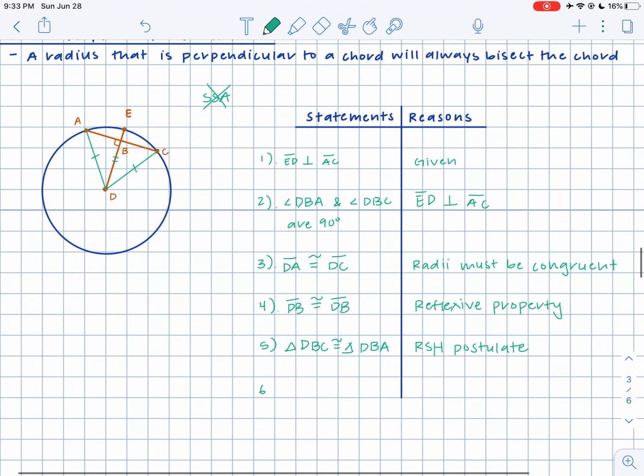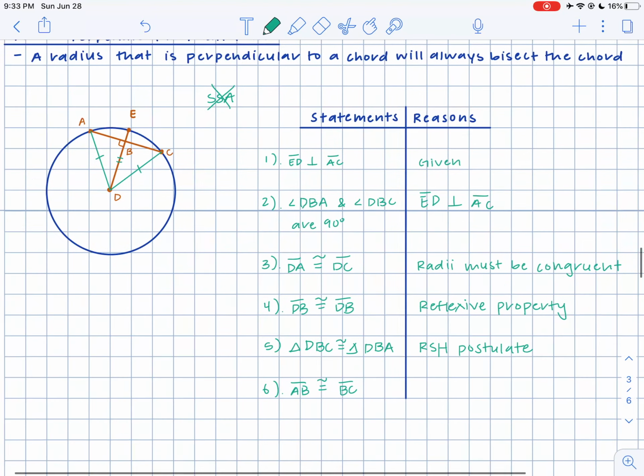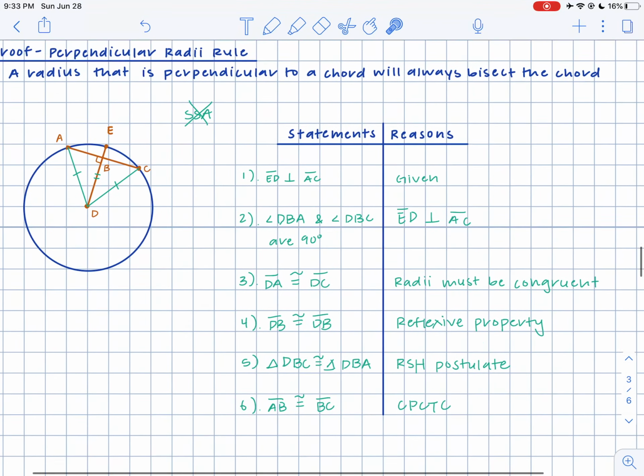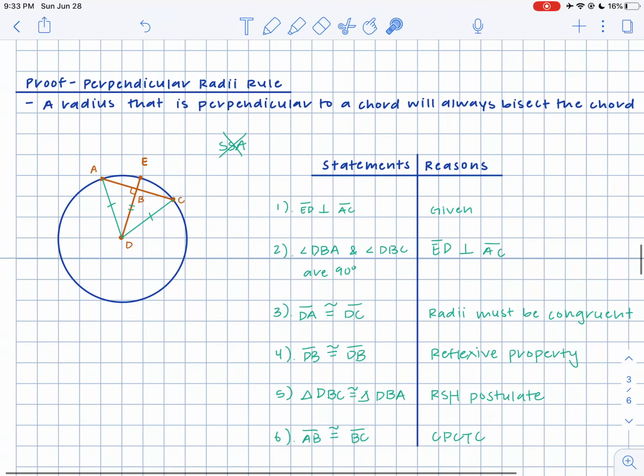Well, now we can, because remember, we can actually conclude that AB is congruent to segment BC. Why? Because remember, CPCTC. What is that shorthand for? It stands for corresponding parts of congruent triangles are congruent. What does that mean?